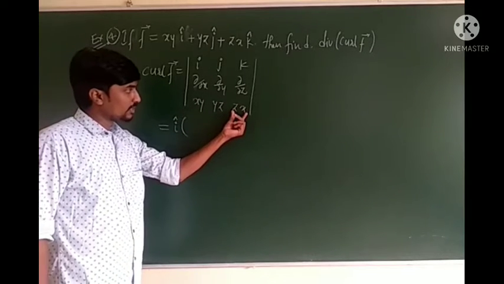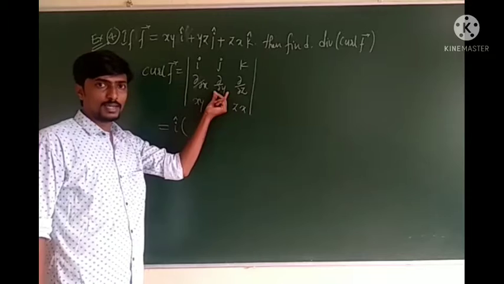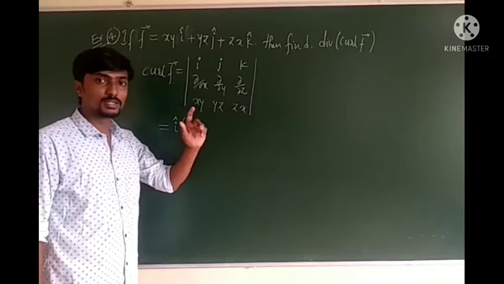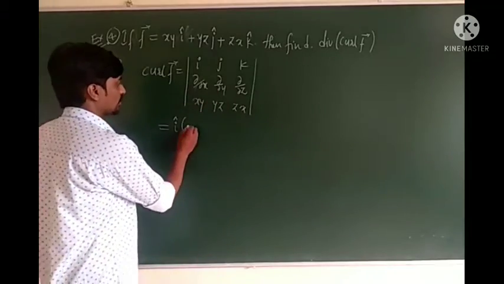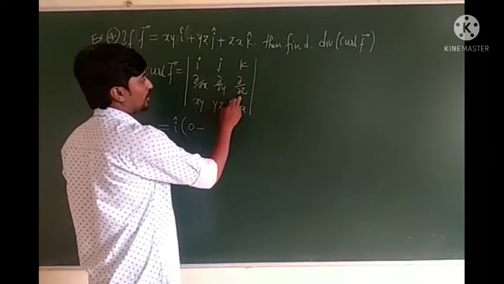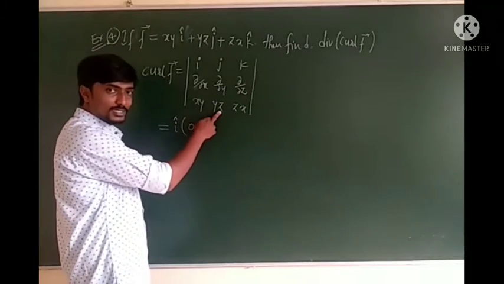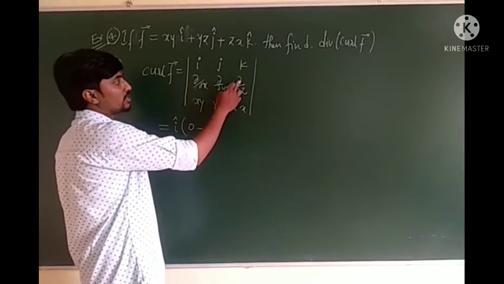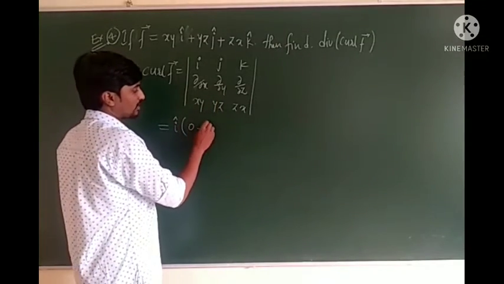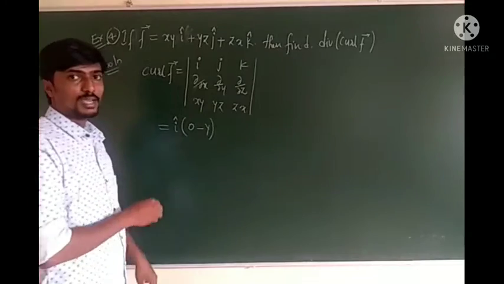Differentiation of zx with respect to y becomes 0, because z into x is a constant with respect to y. Therefore its value is 0. Next minus dou by dou z. Here we have z as a function, so differentiation of z with respect to z is 1, and the multiplication of y is there, so we have y.